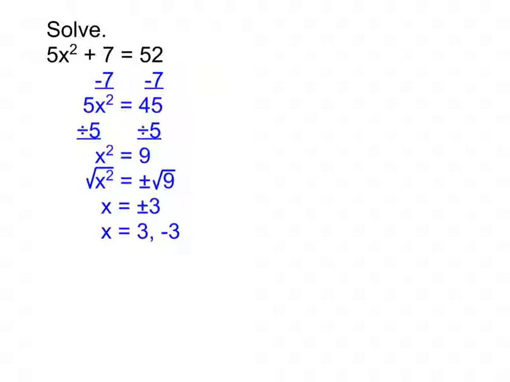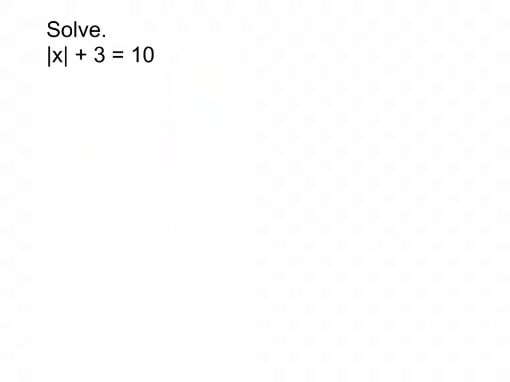All right, so having done the x squared equations, the quadratic equations, there's another equation we've been working with all year that when we go to solve it algebraically ends up feeling very similar. It's got a few of the same tricks in it, and that's absolute value. So go ahead and write down this equation.